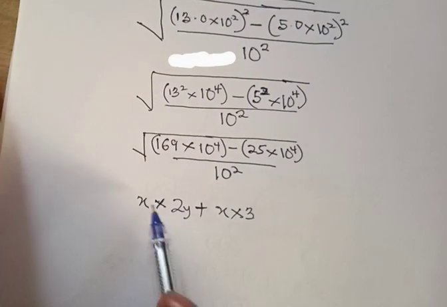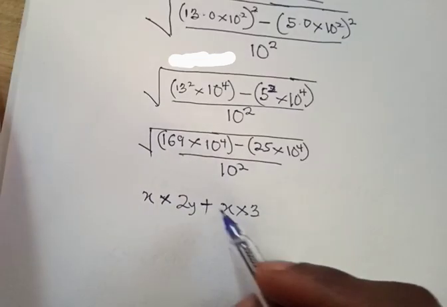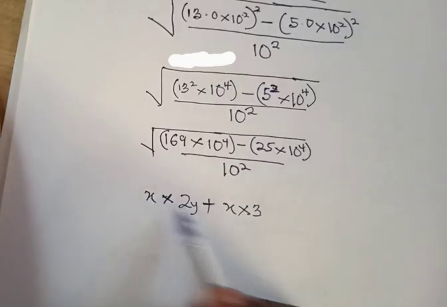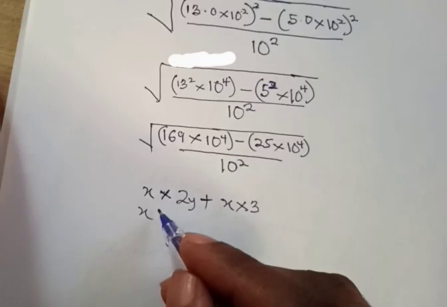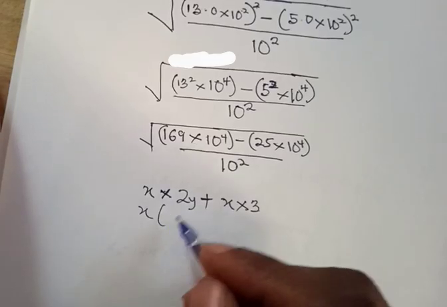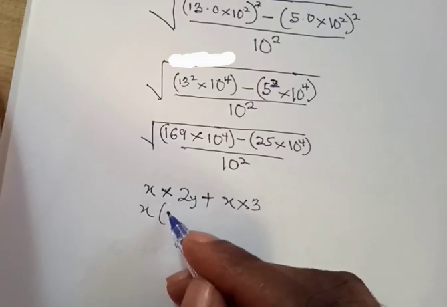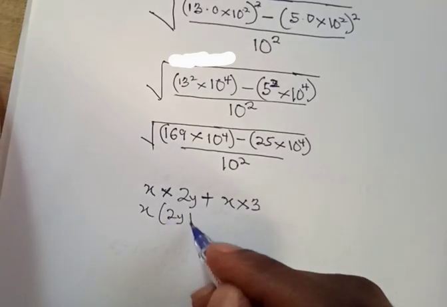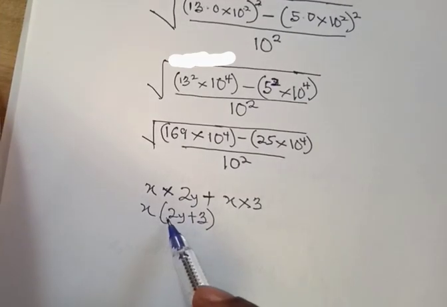Now you see that if you have this example, the x here is common, so I can factor one of the x out, right? And then if I'm factorizing x out, then I will have 2y plus what? 3. Do you get it? Have you seen this principle?